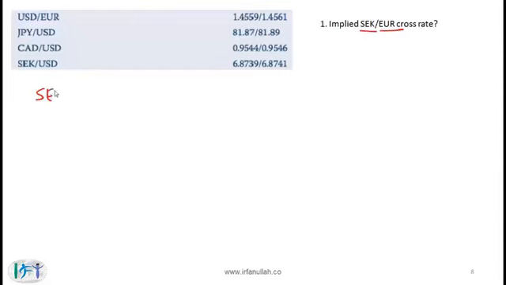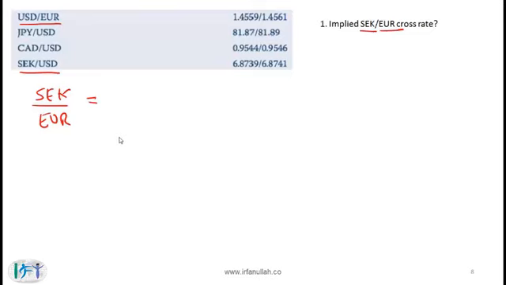So SEK to euro. Let's see if the quotes given here or the conventions used here are such that we can simply multiply out. So SEK euro. Now we have SEK USD and we have USD euro.